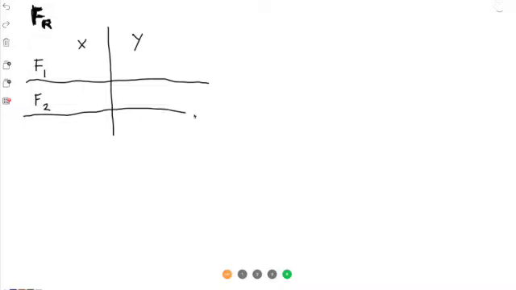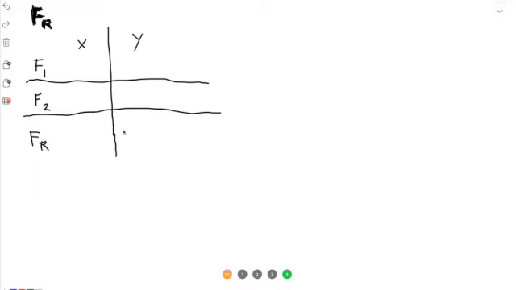So for F1, this is F2, the x components. Let me do that by having a table, and the resultant would be here.